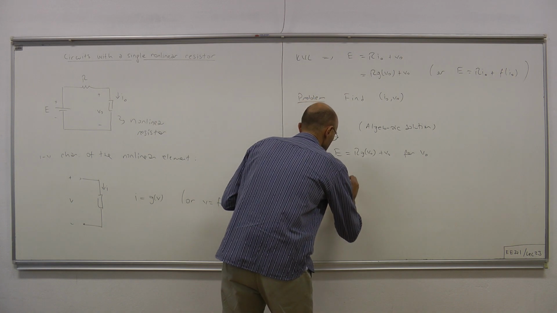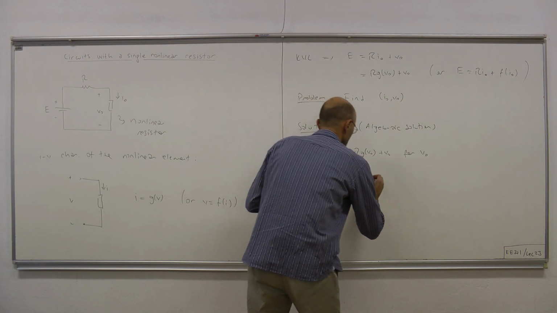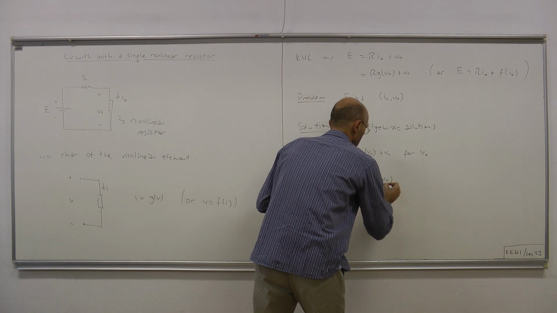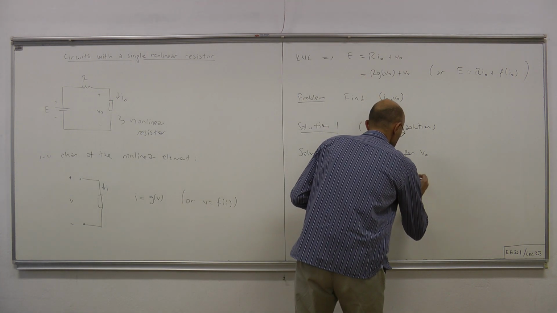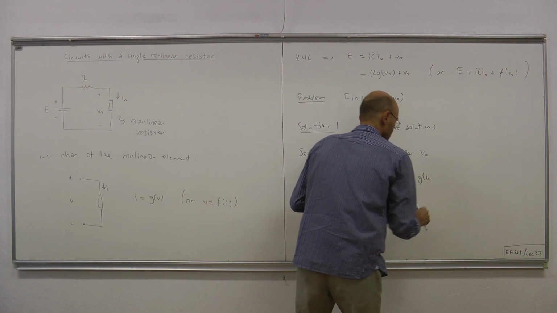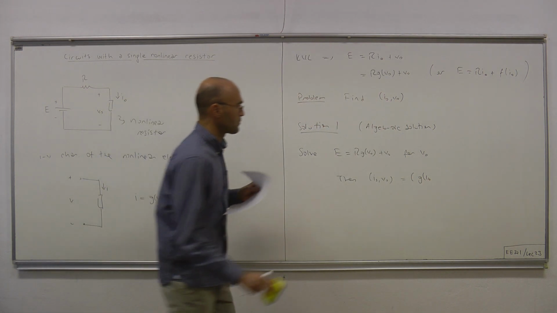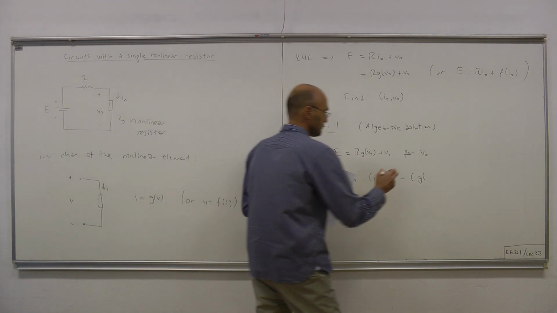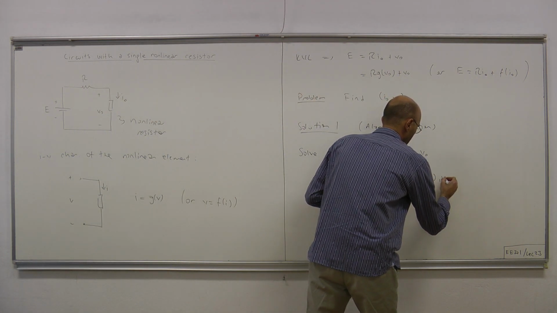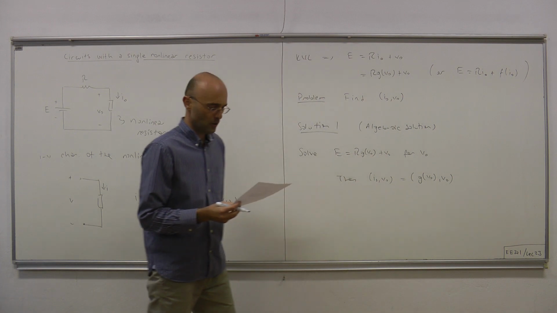Then our operating point I0, V0 equals G of V0 and V0. This is the solution.